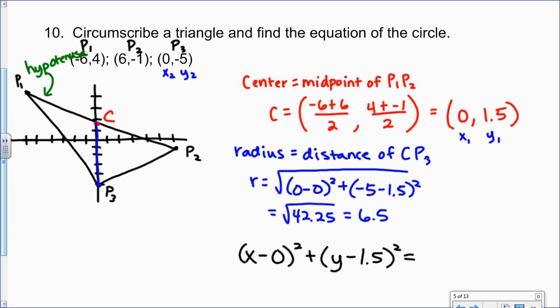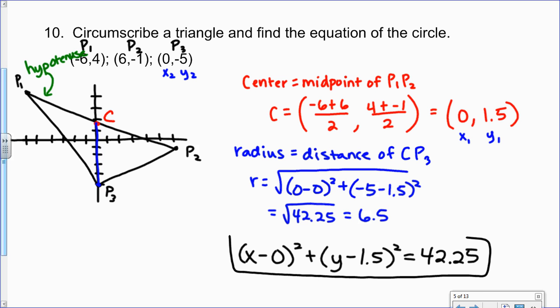Yep, 42.25. Because it's x minus 0, you could just have written this as x squared. You didn't necessarily need to put the minus 0 there, but it's fine to have it, it's just not needed.